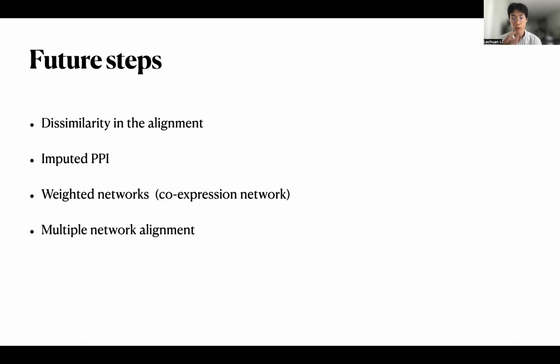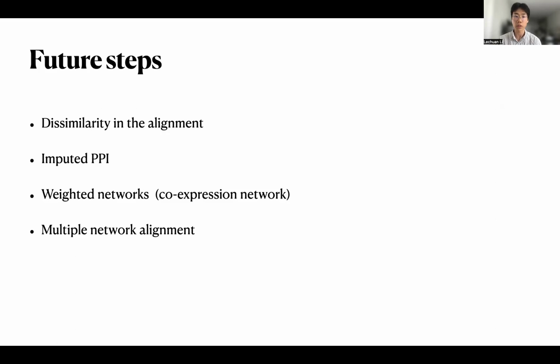For future steps, we are trying to analyze the dissimilarity in our ETNA score, because in model organism studies, especially drug target studies, the dissimilarity is also very useful. The second, we are trying to use the imputed PPI network to expand the input size of our model.